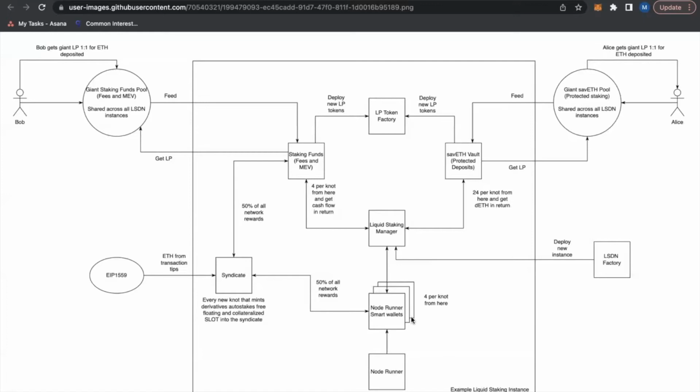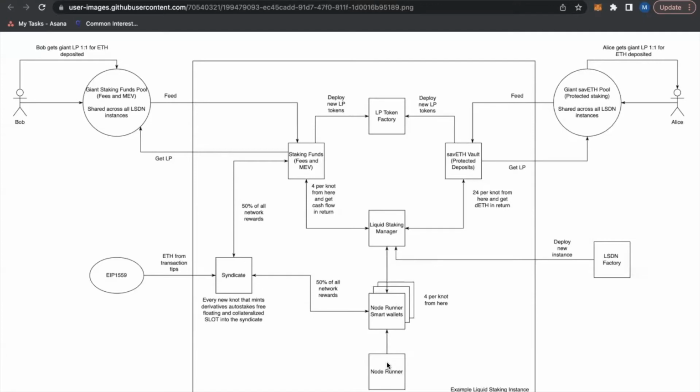So for every node runner that comes to the LSD network, they have a unique smart wallet, and this smart wallet will contain all the funds for the validator. So if the node runner tries to run away, it cannot, because in the end, the smart wallet is owned by the liquid staking manager, and that is a smart contract. So basically, the node runner has no option of running away with the 32 ethers.